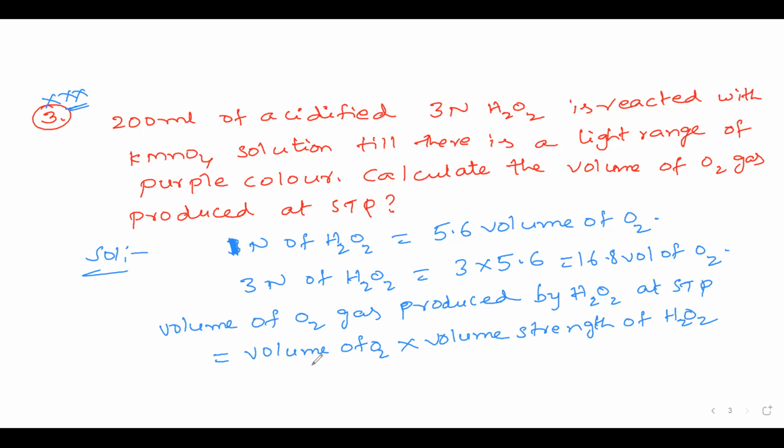So the volume of hydrogen peroxide is 200 ml into the volume strength of 16.8. So it is equal to 3360 ml. So 3360 ml of oxygen gas is produced.